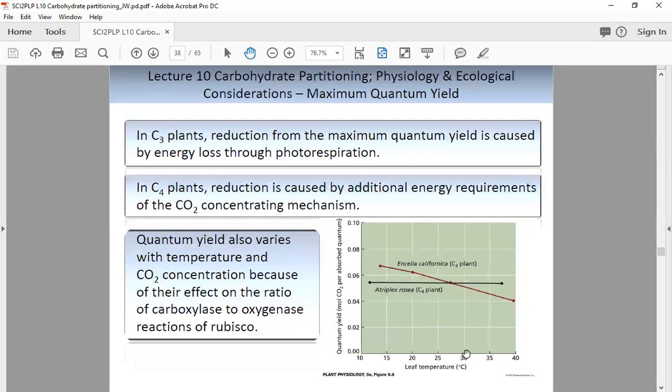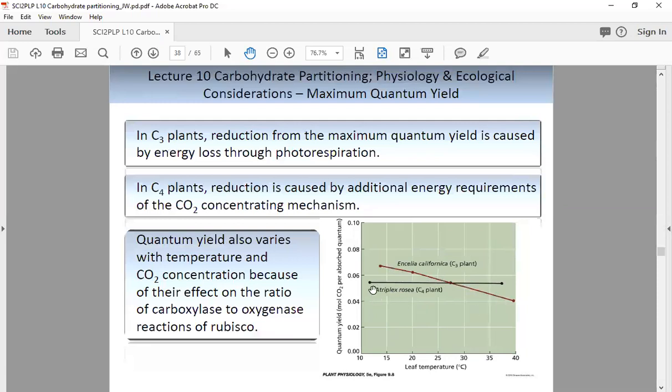as temperatures increase, then photorespiration increases. That is the affinity that Rubisco has for oxygen. This increases with increasing temperature. So when photorespiration increases, then we have a decrease in quantum yield in C3 plants.